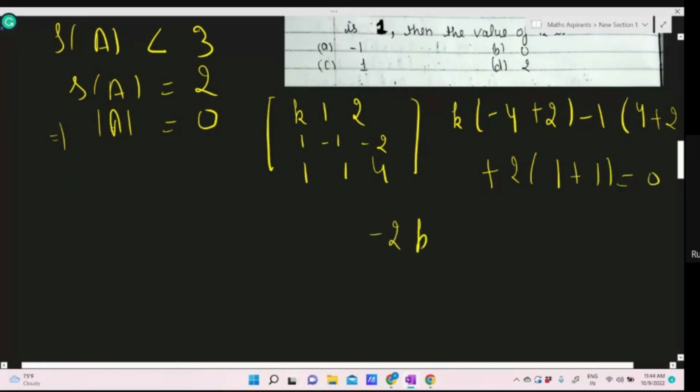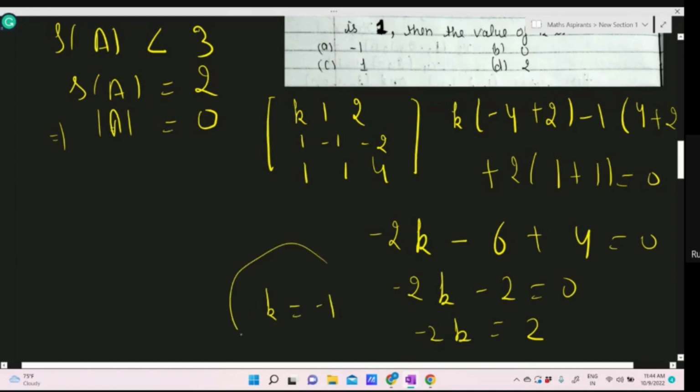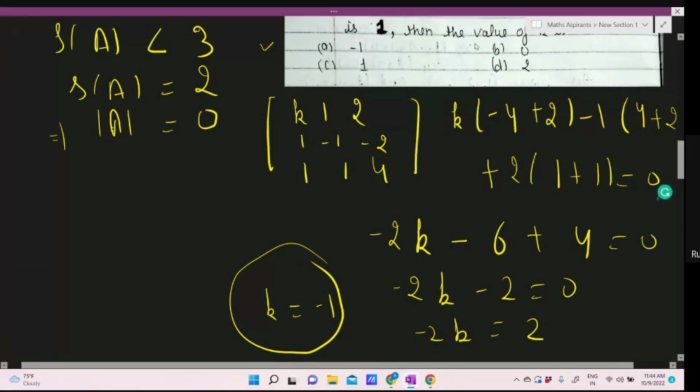That is minus 2k minus 6 plus 4 is equal to 0. That is minus 2k minus 2 is equal to 0. Minus 2k is equal to 2 and k is equal to minus 1. Therefore, option A is the correct option.